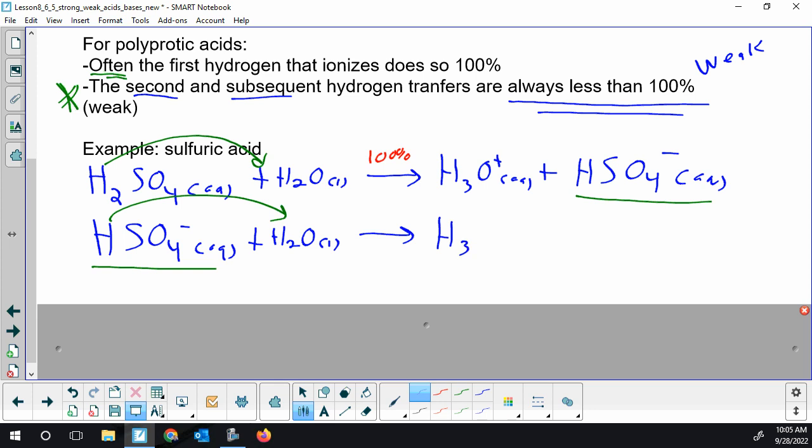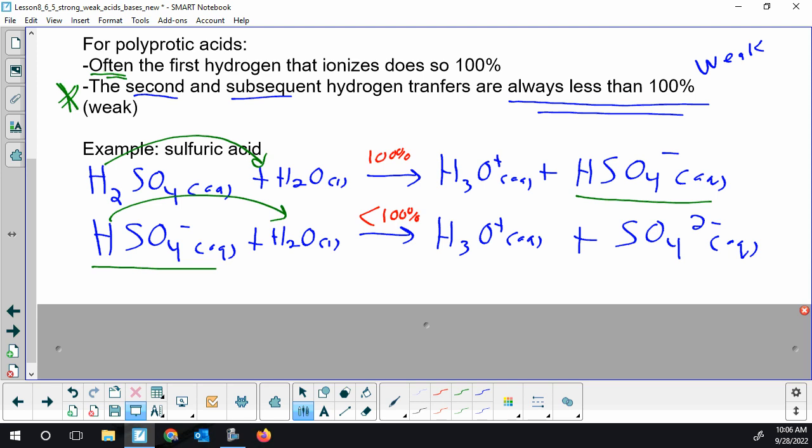We make more hydronium, very little more, but we do make a bit more, and we take away the second H, and we're left with just sulfate. And this is weak, less than 100%, and it's going to be a fraction of a percent.